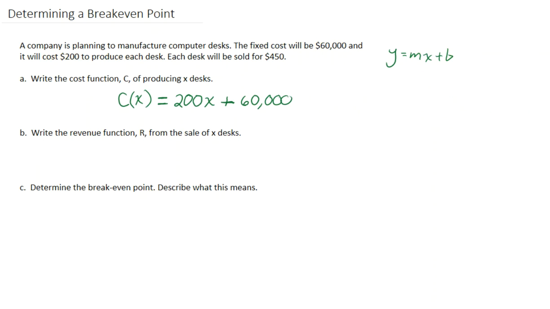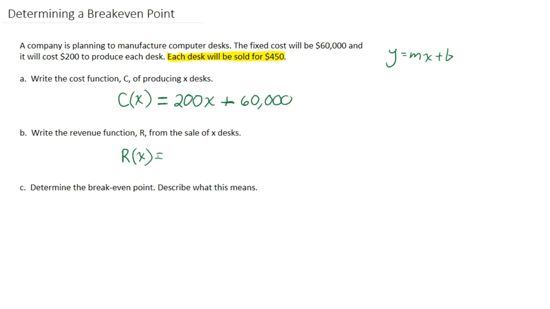Okay, in our scenario, the revenue function is about the money you get when you sell stuff. So the information we have for revenue is just that each disc will be sold for $450. So again, we're going to use function notation, and they tell us to use the letter R. So it's going to be R of x equal to, and then our revenue is solely based on number of discs sold.